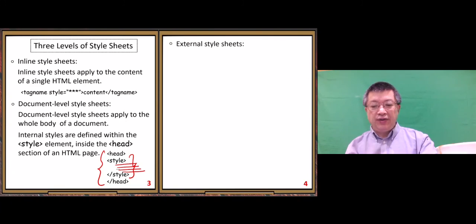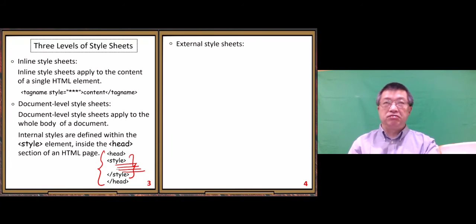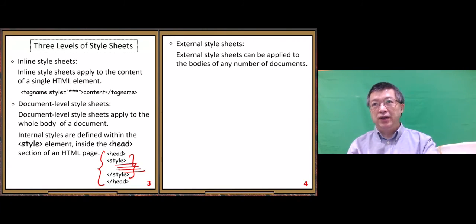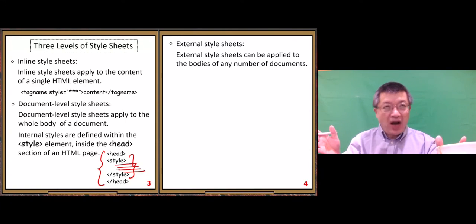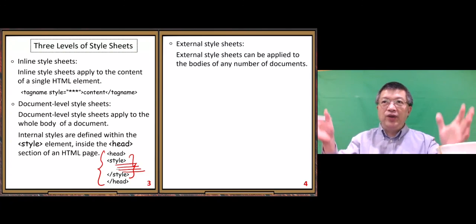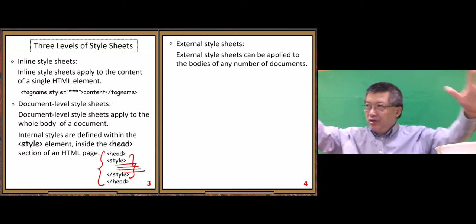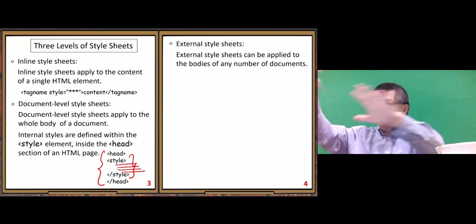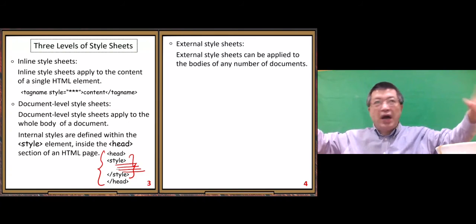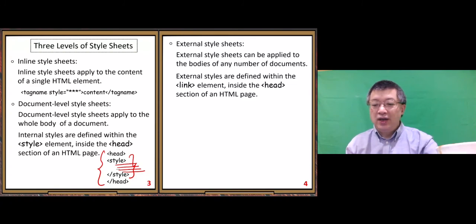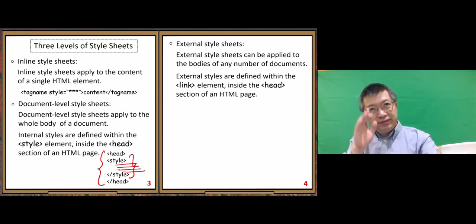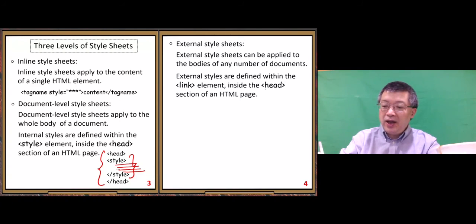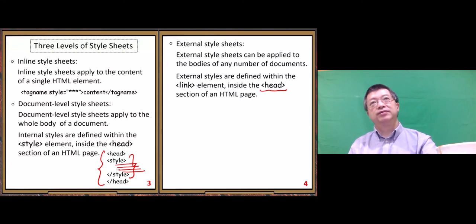The third one, external style sheets, is also very easy. Because this type, as we know before, we want to apply as a global style, covering many other documents. To do that, you also work in the head element.